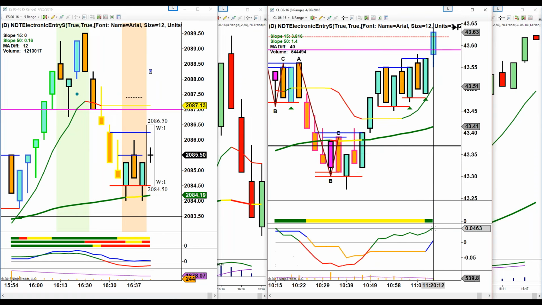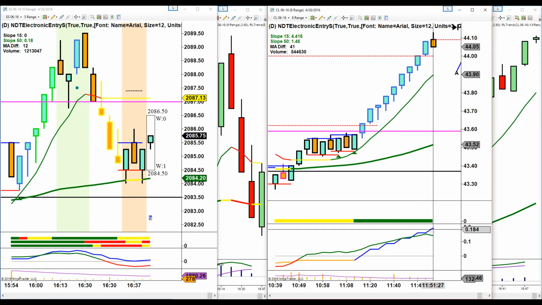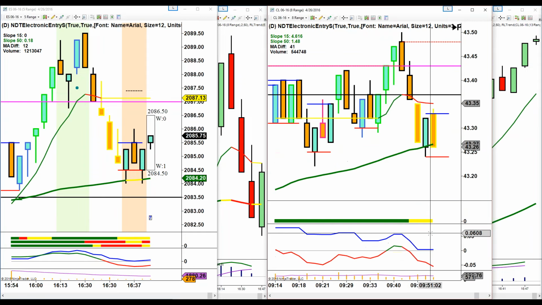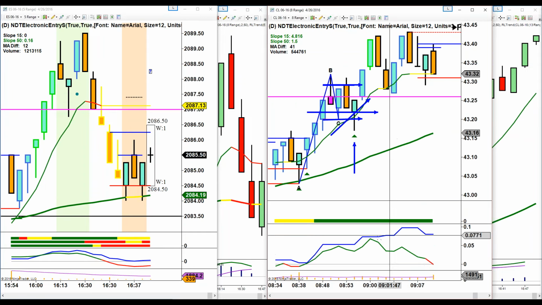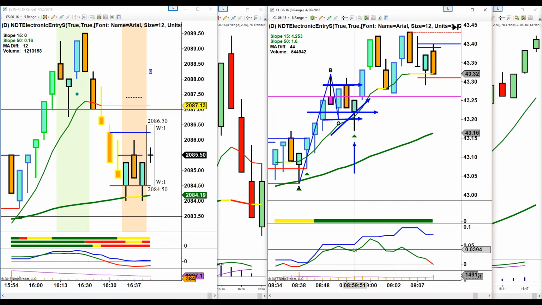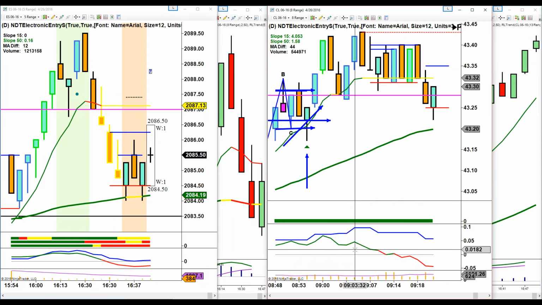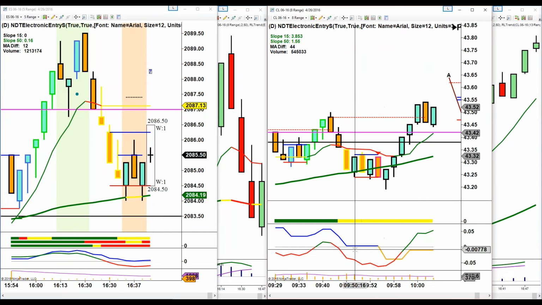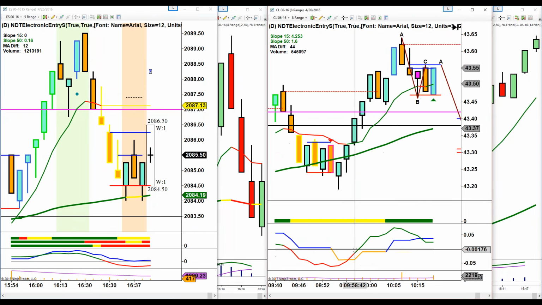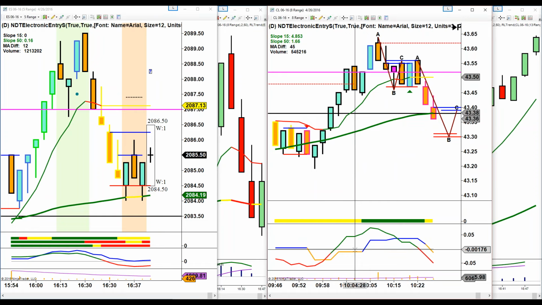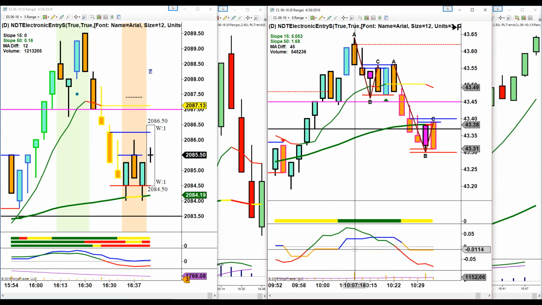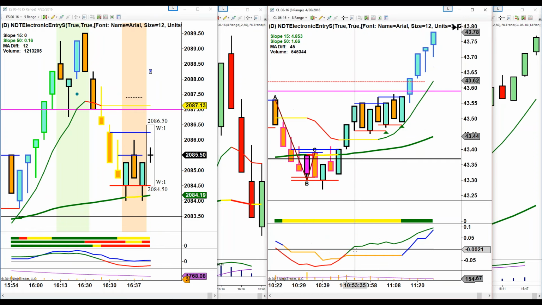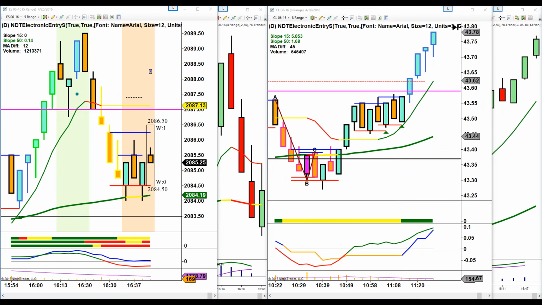And let's go back to our entries that we took this morning. We took this entry, and both our MACDs were positive. I'm trying to remember. I'll find the other trade. It was at 9:23.